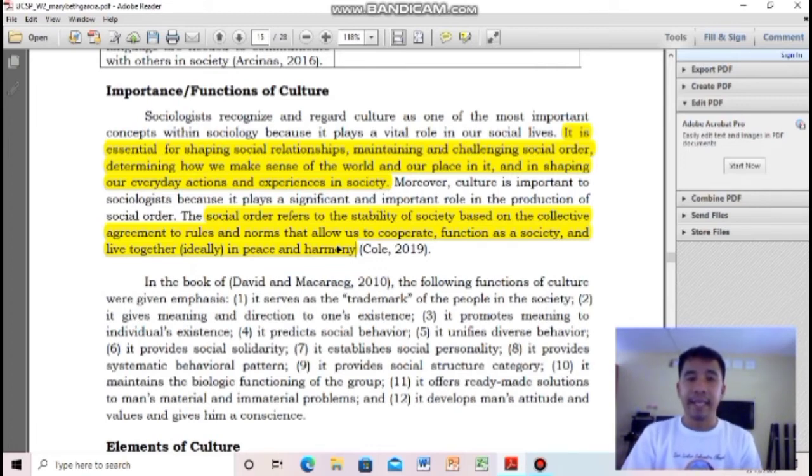Next will be, it develops man's attitude and values and gives him a conscience. So, paagi sa kultura, nag-develop ang aton nga pamatasan, ang aton mga values, kag the same man maglambo pa o magtubo pa ang aton nga konsensya, no?